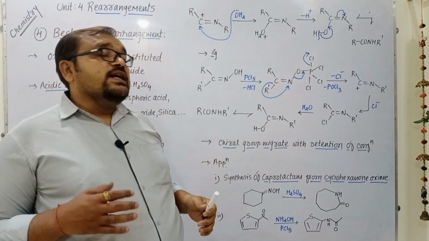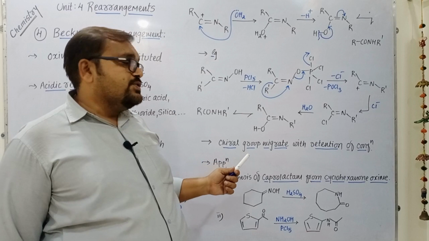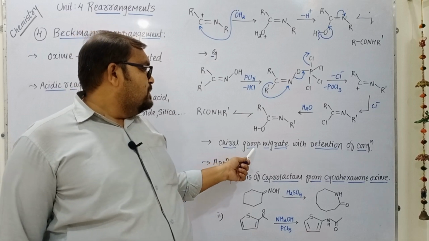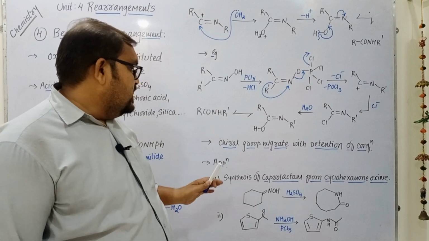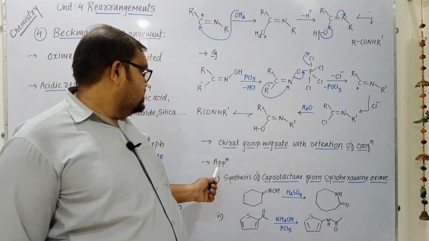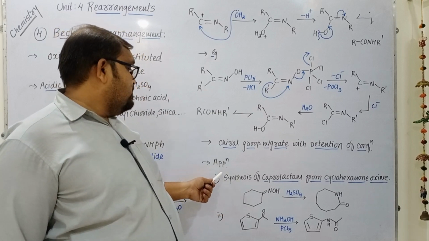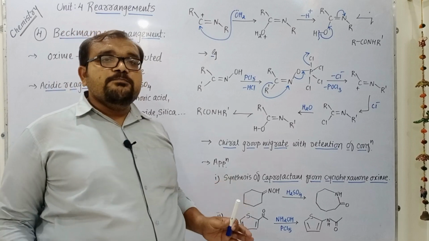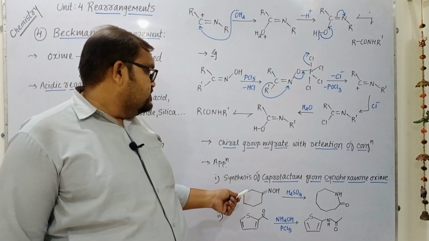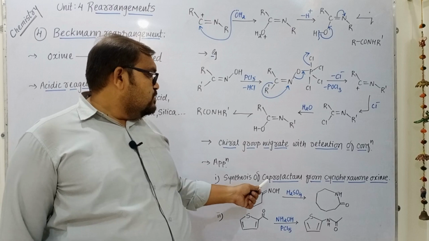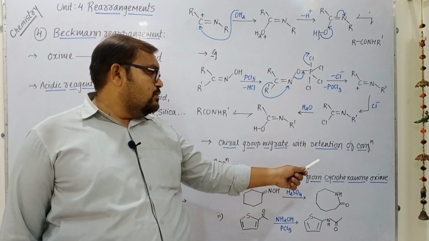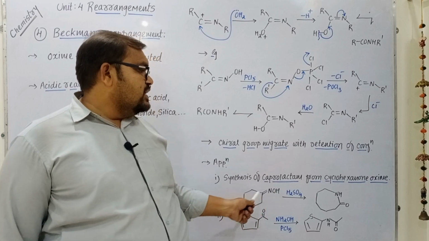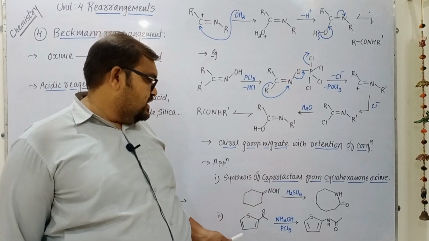In case of chiral substituents, the chiral group will migrate with retention of configuration, and at the end, as we can see in the application part, there are two important applications. As we can see here, synthesis of caprolactam from cyclohexanone oxime can be easily carried out with the help of Beckmann rearrangement.